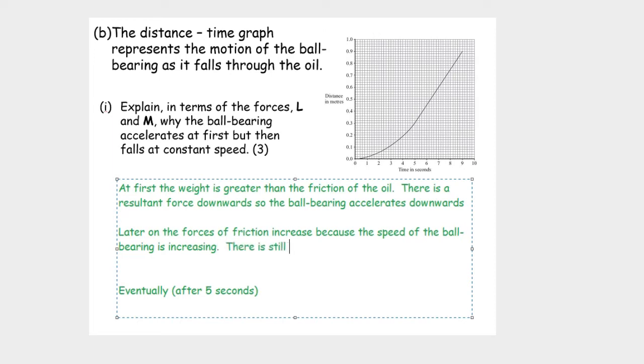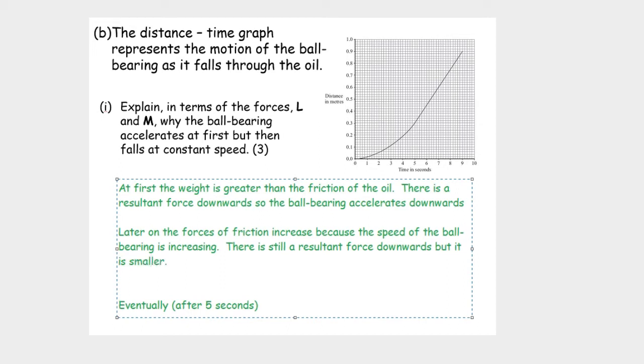There is still a resultant force downwards, but it's smaller, which means we have a smaller acceleration downwards. So the rule is large resultant force, large acceleration, small resultant force, smaller acceleration.